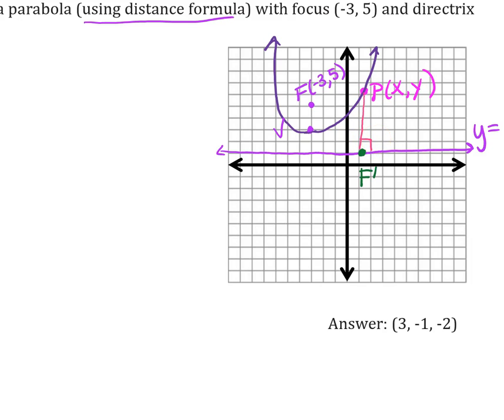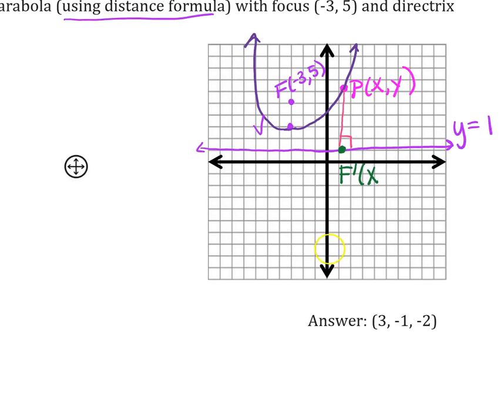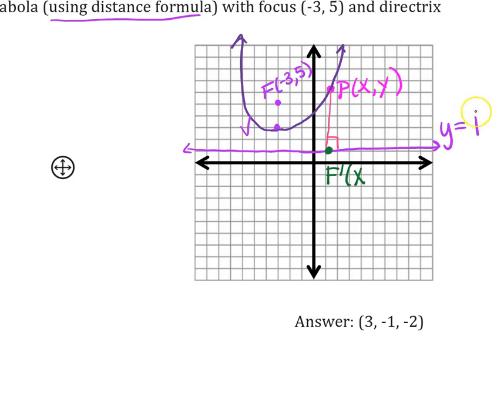So it's going to have the same x coordinate as whatever point I have here. Secondly, it's on the directrix, so it has to have a y coordinate of 1. So that's the coordinate of the point on the directrix.